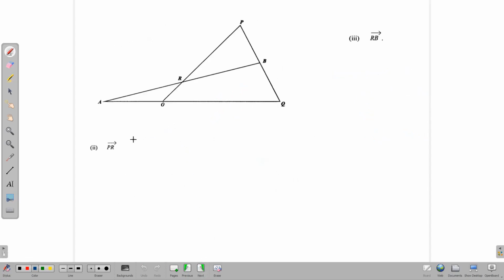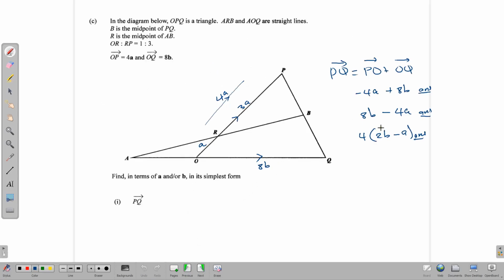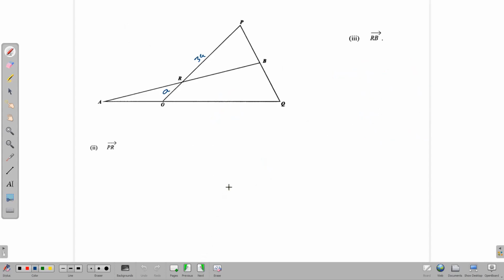We want to find PR. Now remember, this was A, this was 3A. We just calculated PQ as 8B minus 4A. And now we want to find PR. So how do we get from P to R?